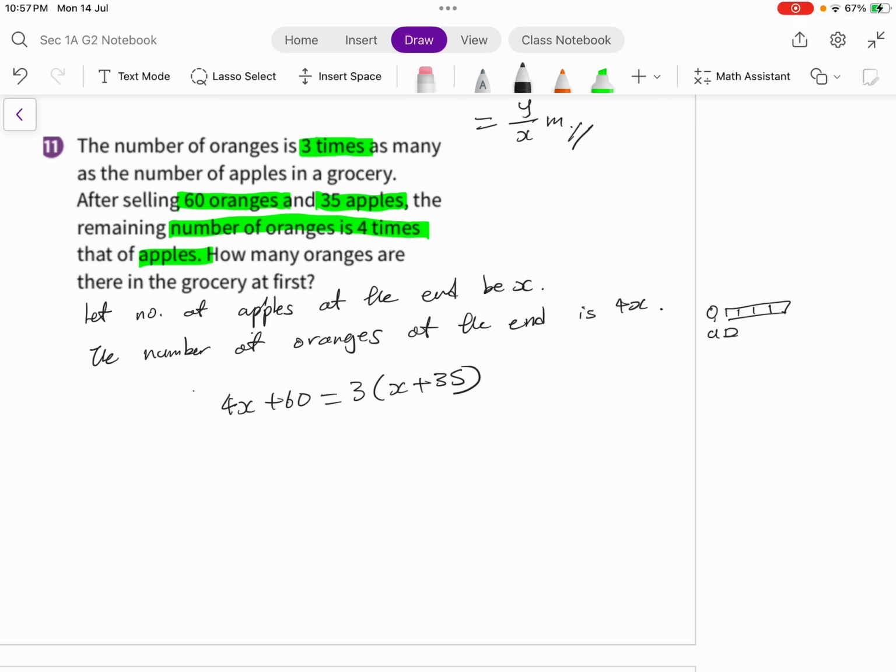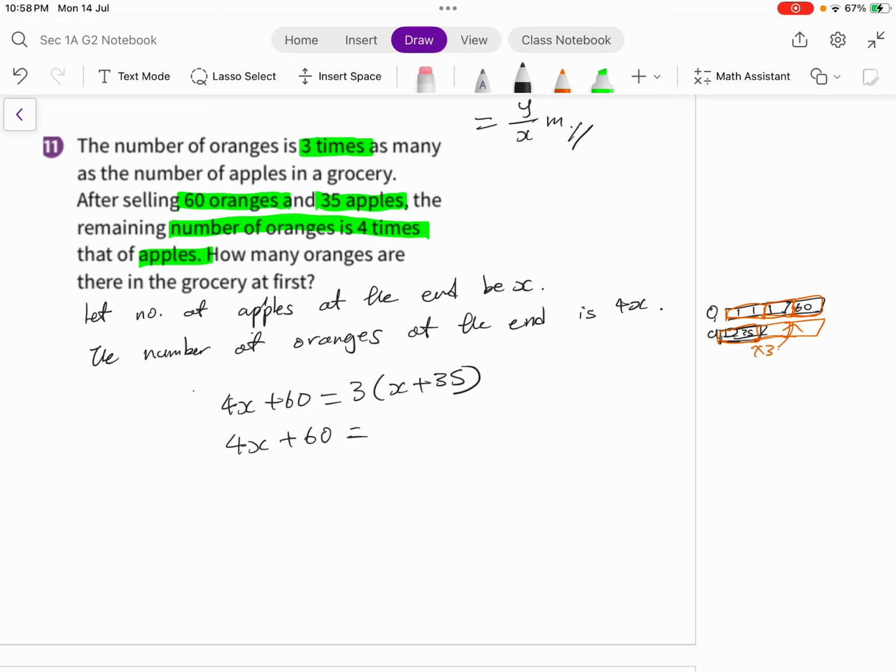Then, because you add back 60 oranges, you add back 35 apples, somehow this makes it 3 times. So what I'm doing is I'm multiplying this by 3 so that the amount becomes equal. From here I have formed my equation that I can solve.